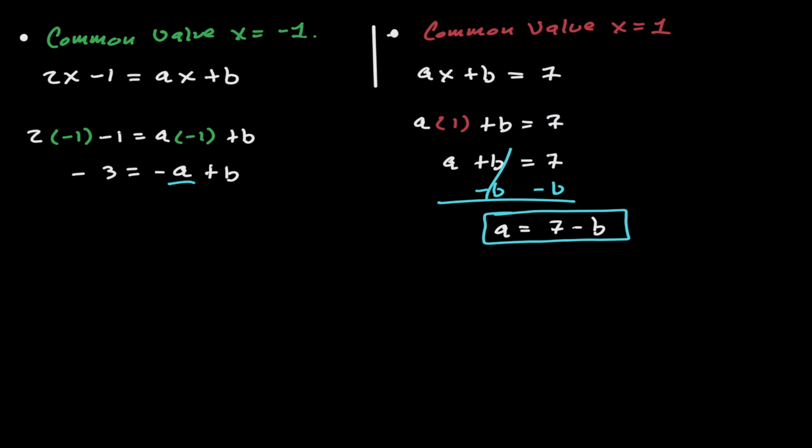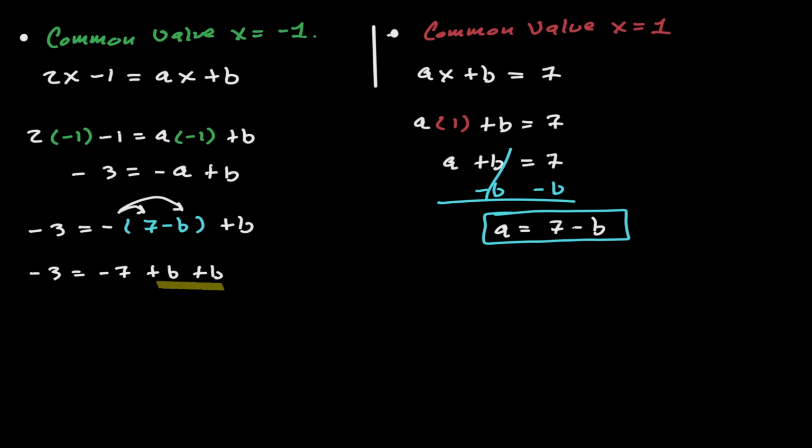So let's take a look at this result that we got for a equivalent to 7 minus b, and let's substitute it to the variable of a in the other equation. And now let's simplify our result. Let's distribute that negative. That's going to give us negative 7. Let's distribute that negative. It's going to give us positive b. Let's bring down the second b. We can combine like terms. That is going to give us 2b.